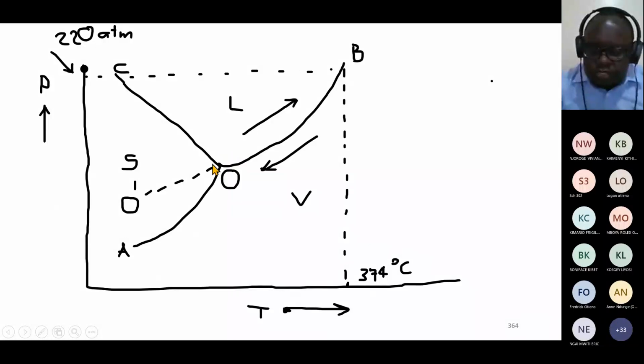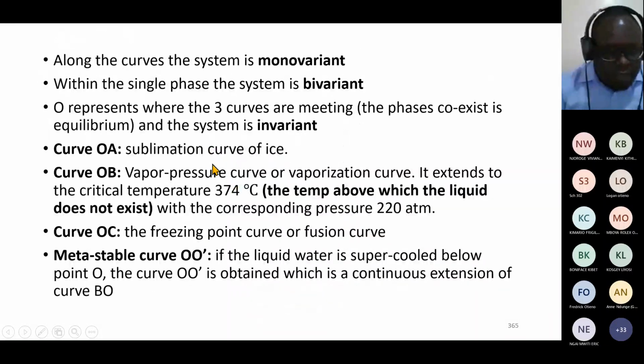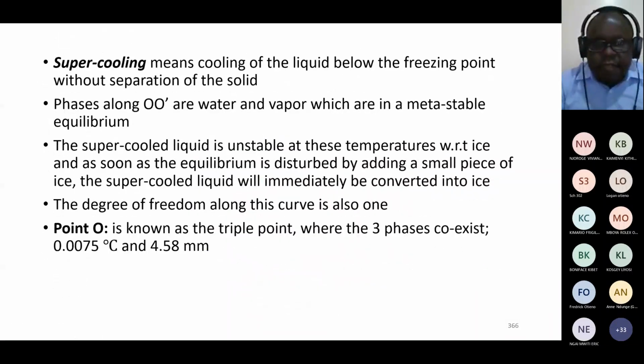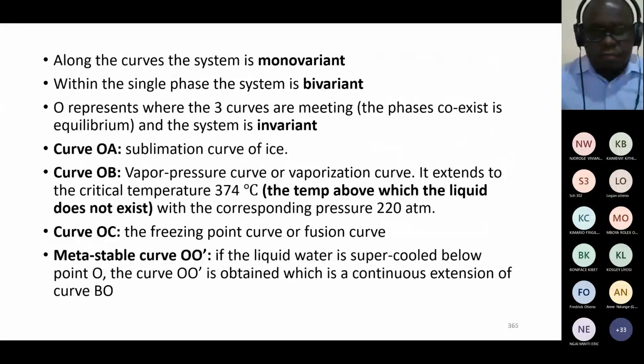By supercooling here, we mean cooling the liquid below the freezing point without separation of the solid. So it's still in the liquid form, but it is below the freezing temperature. That is what we mean by supercooling.